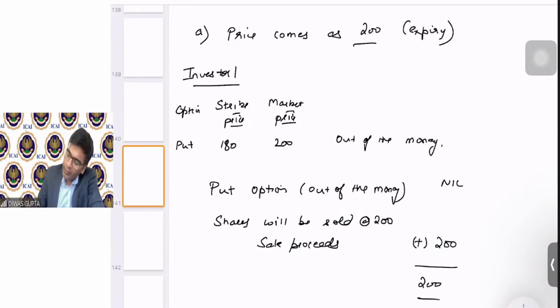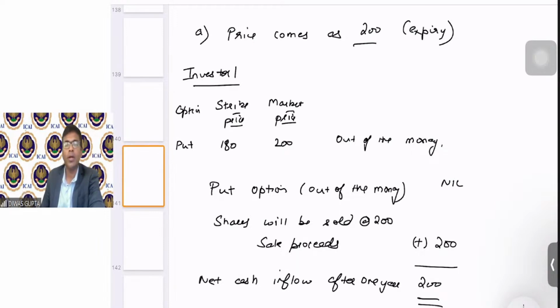So the net cash inflow after 1 year will be 200 rupees for investor one. Okay, we have proved it. For whatever holdings that investor one had at a price of 200, the net cash inflow after 1 year will be 200.